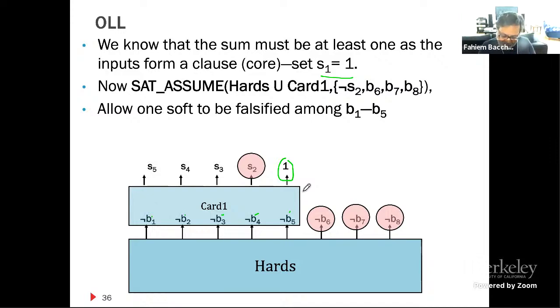I know that I have to falsify one soft clause, and it must be one of these soft clauses, but otherwise, I don't want to falsify any more. So let me make sure that among these clauses, I falsify at most 1. So I assert not S2. And the remaining soft clauses, I must make them true.